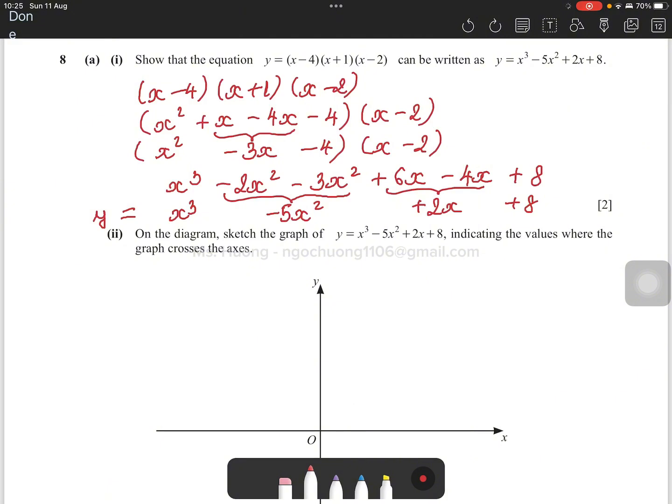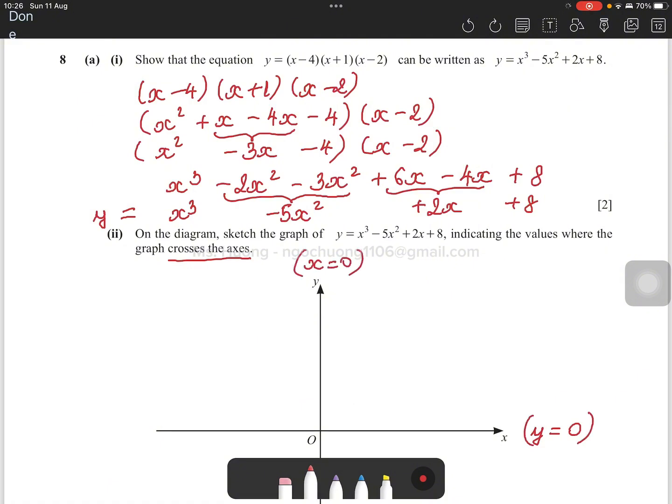Second question, on the diagram, sketch the graph of y equals x cubed minus 5x squared plus 2x plus 8, indicating the values where the graph crosses the axis. You know that the equation of the x-axis is y equals 0, and for the y-axis, the equation is x equals 0.